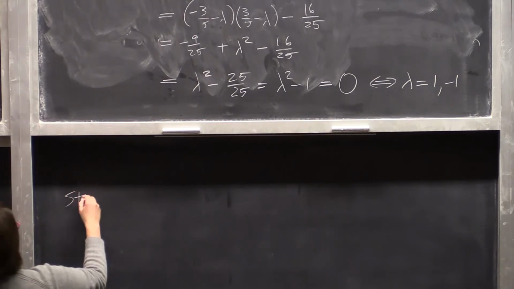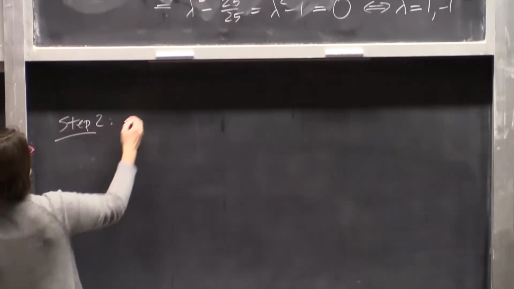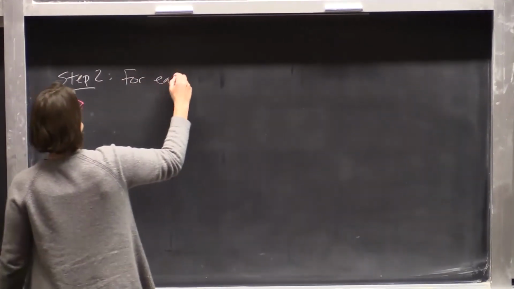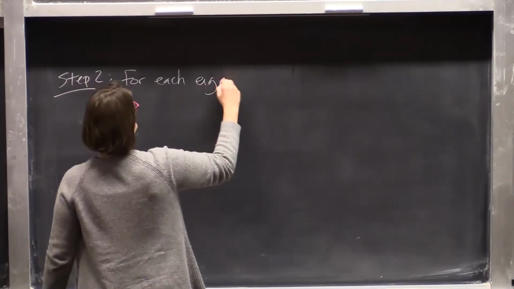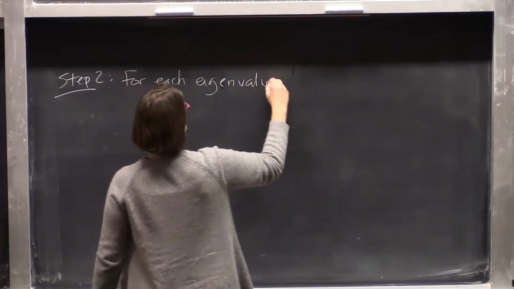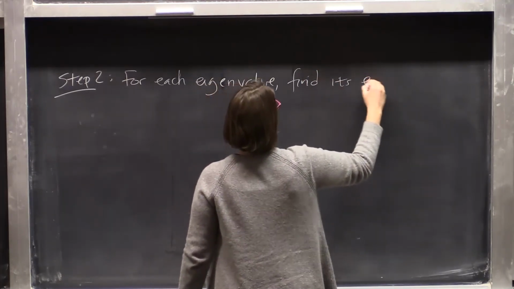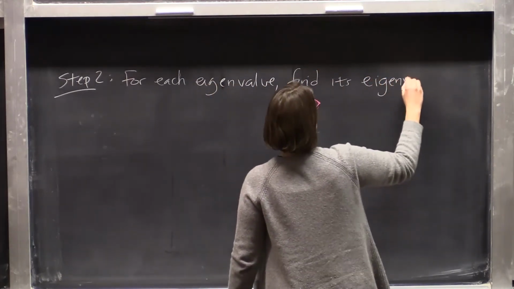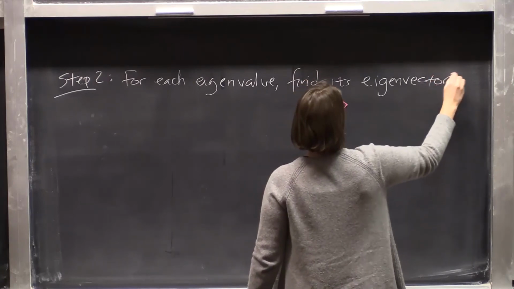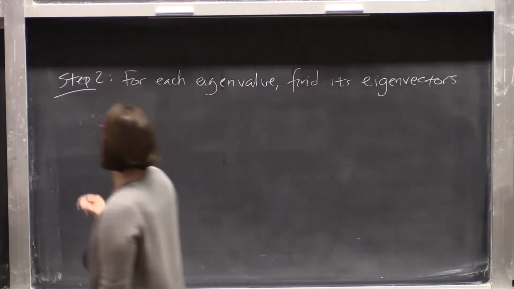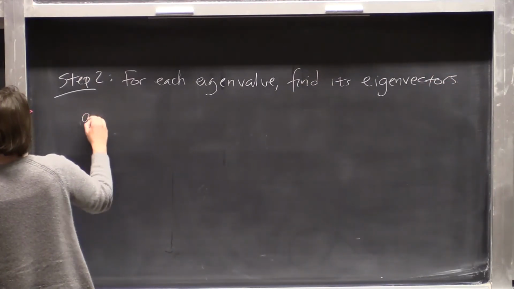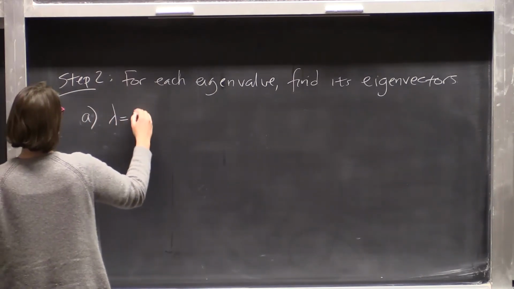Step 2. For each eigenvalue, find its eigenvectors. So that means, part A, lambda equals 1.